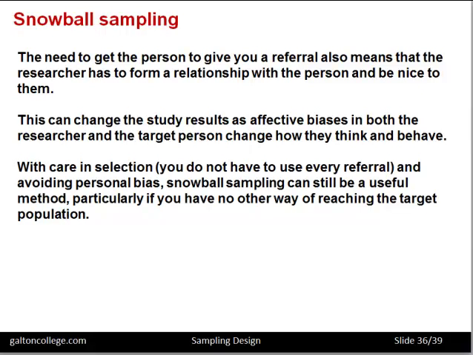Of course, not every referral has to be used. It depends on the number of referrals and on the resources that are available in conducting the survey, but not all have to be used. The snowball method is useful, but the precise people selected for, let's say, interview may be subject to some sort of additional selection process where people say we will not select those people, they're too far away, or we have enough already.